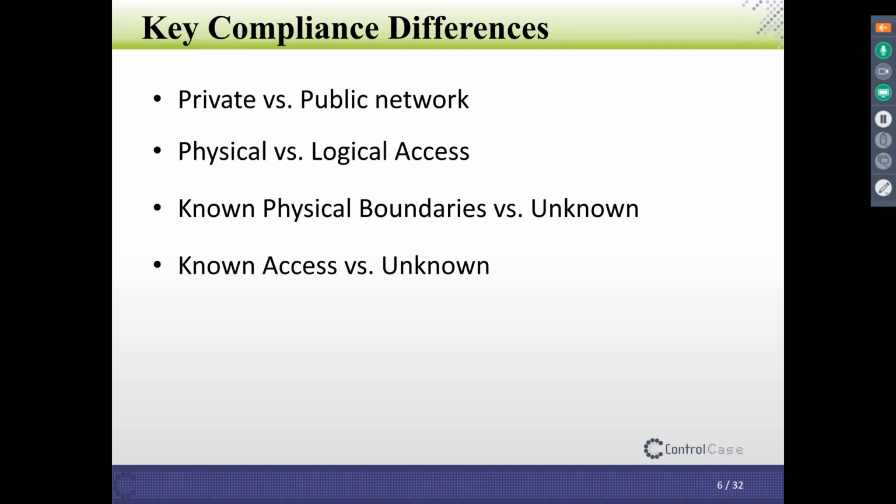In many cloud providers, there are unknown physical boundaries. And then access at the base virtualization level, sometimes from a logical and physical perspective, is also known versus unknown. So these are some of the key aspects that affect compliance when you talk about compliance in the cloud in general and PCI compliance in the cloud specifically.